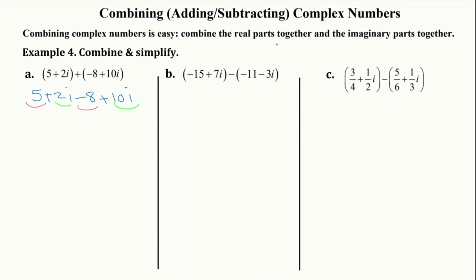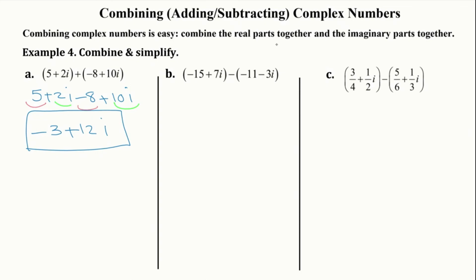The parts which have an i attached. So 5 minus 8, that's negative 3, and 2i plus 10i will give me 12i. So there it is, as simple as that, okay? So negative 3 plus 12i. So go ahead and make sure you try these next ones first before you continue.